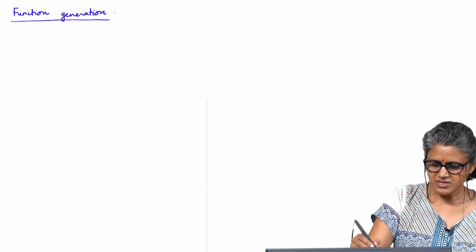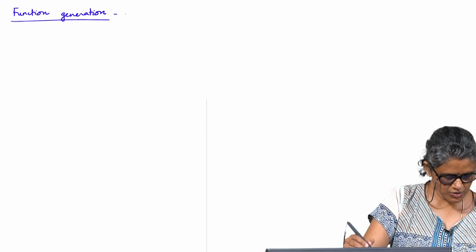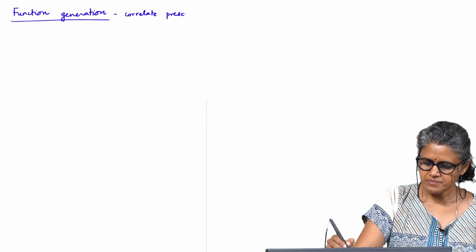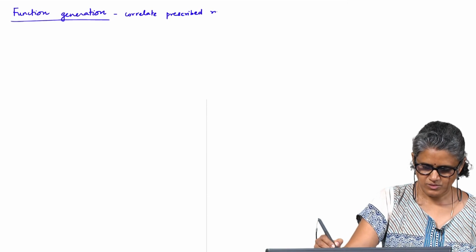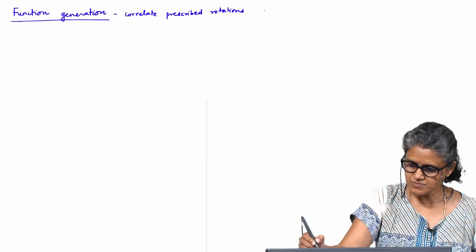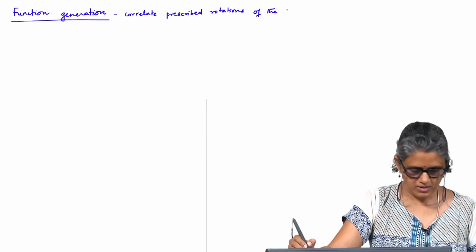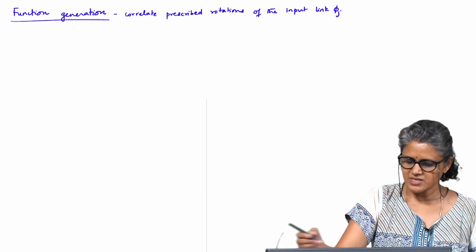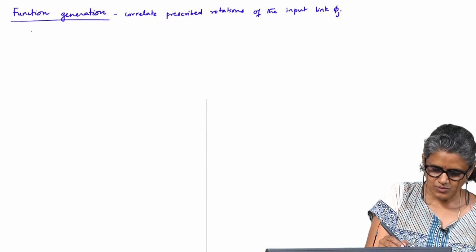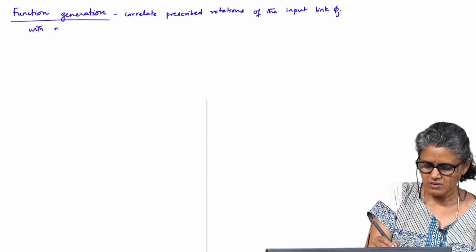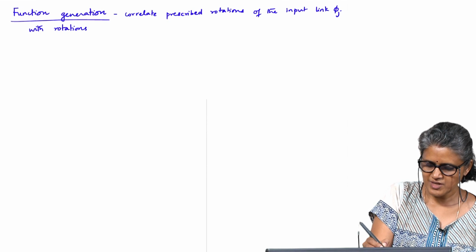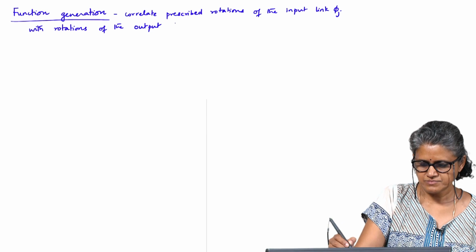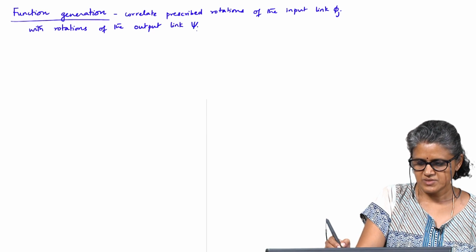So, function generation, what we are doing is we want to correlate prescribed rotations of the input link phi j with rotations of the output link psi j.